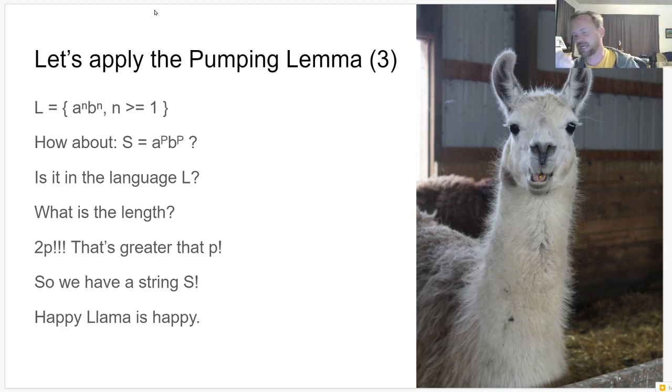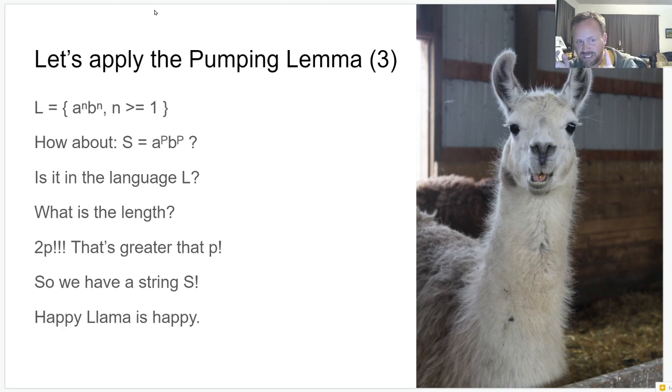Absolutely. I can count them off from 1 until P. There's P A's, and 1 to P B's. There's the same number of A's and the same number of B's, because remember, P is a number. It is in the language L.